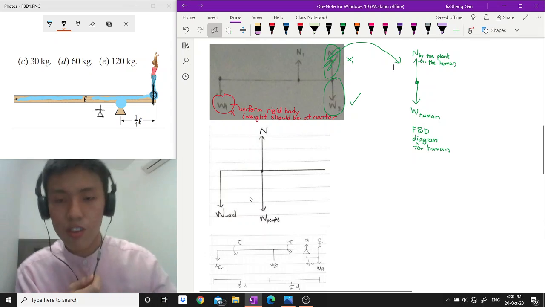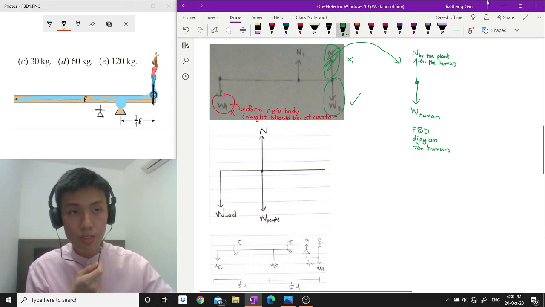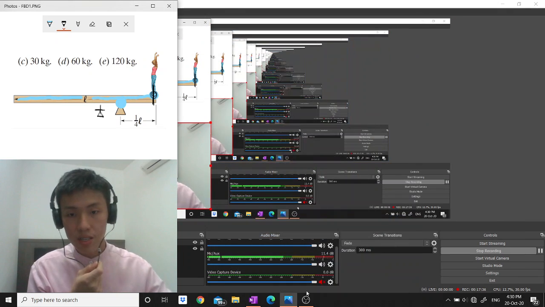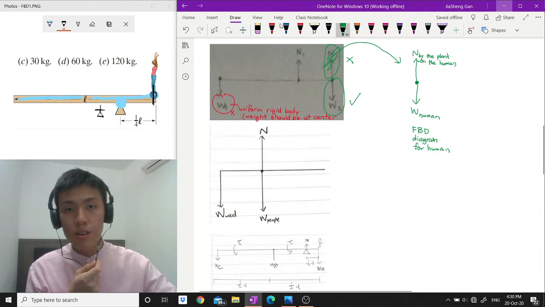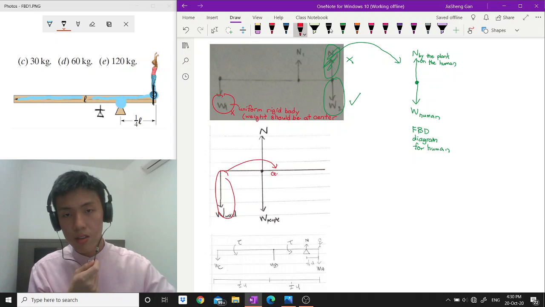okay, so this one you have to be a bit careful. They make a few mistakes here. First thing is the weight should be at the center. Then the normal exerted by the pivot is not at the center. Pivot is somewhere around here.